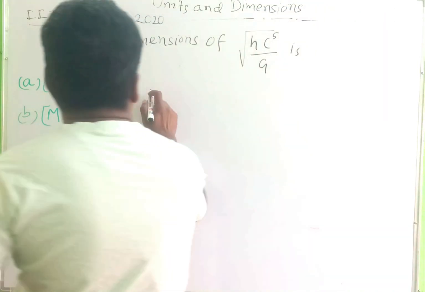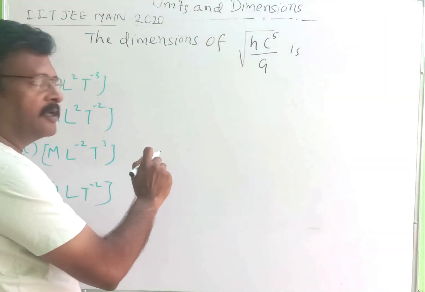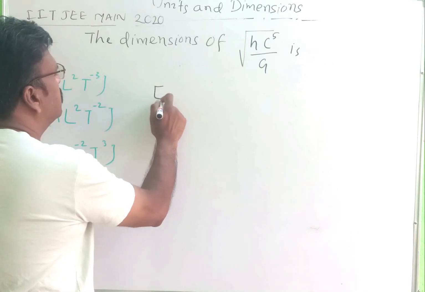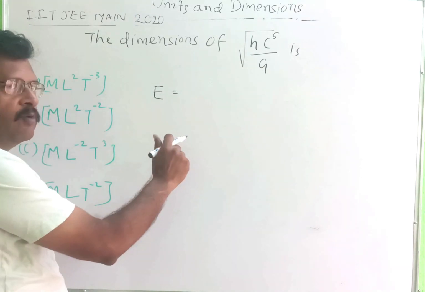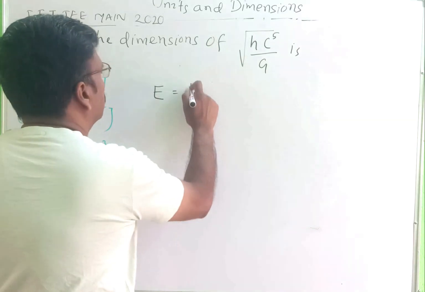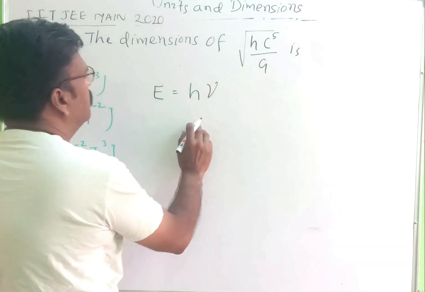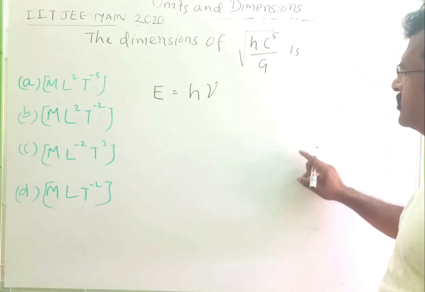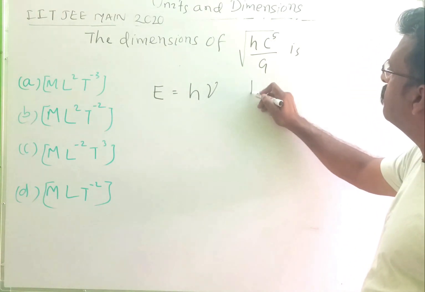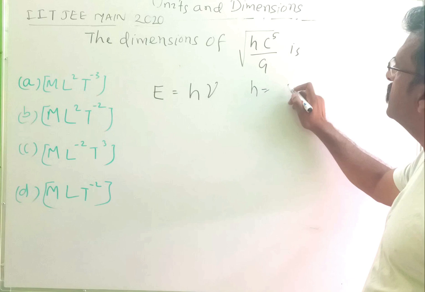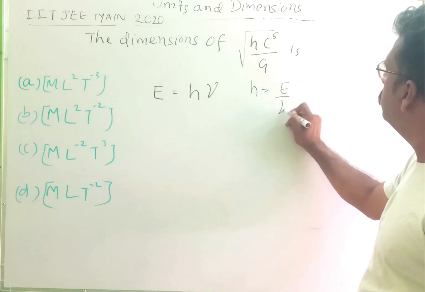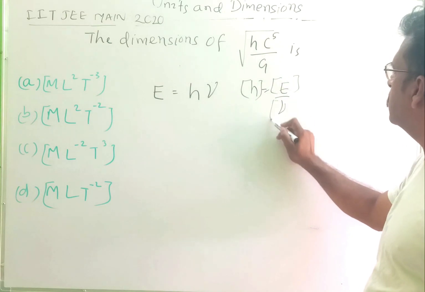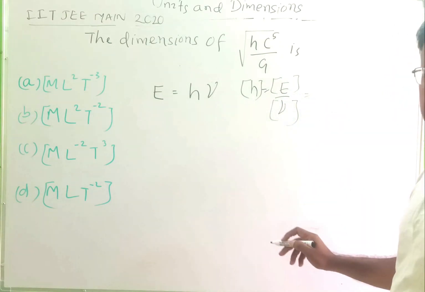We know from Max Planck's quantization theory, the energy of a radiation or a quantum or photon is equal to h nu, where nu is the frequency of the radiation, E is the energy, and h is Planck's constant. So the formula for h becomes h is equal to E by nu. So we get the dimensions of h as dimensions of energy divided by dimensions of frequency.